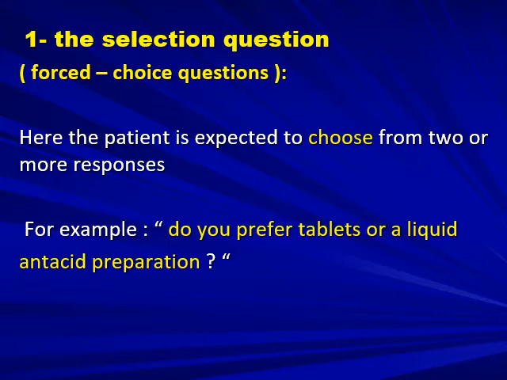There are choices and the patient chooses from them. For example, do you prefer tablets or a liquid antacid preparation? I gave two choices, tablet or liquid, choose one of them. So this is a selection question with choices for the patient.